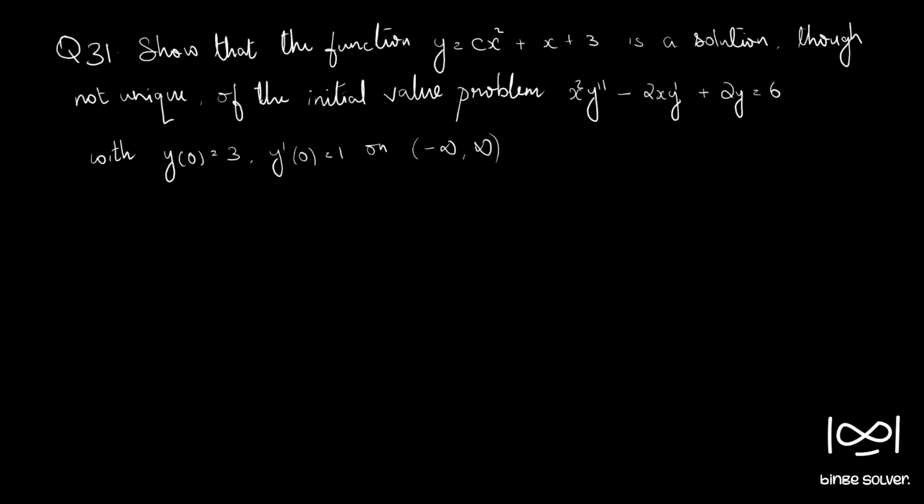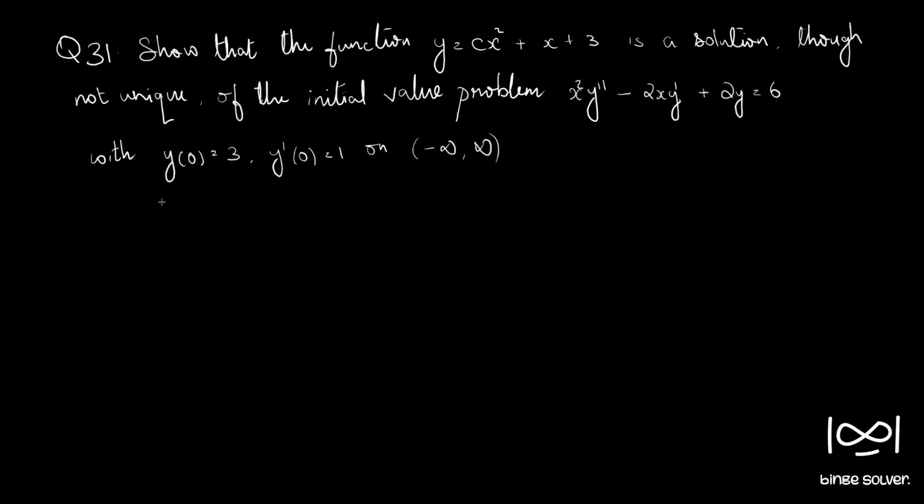Question 31. Show that the function y = cx² + x + 3 is a solution, though not unique, of the initial value problem x²y'' − 2xy' + 2y = 6 with y(0) = 3 and y'(0) = 1 on minus infinity to infinity.